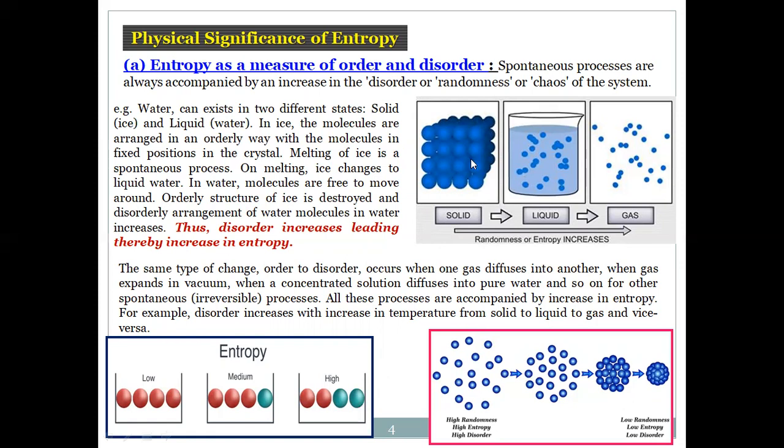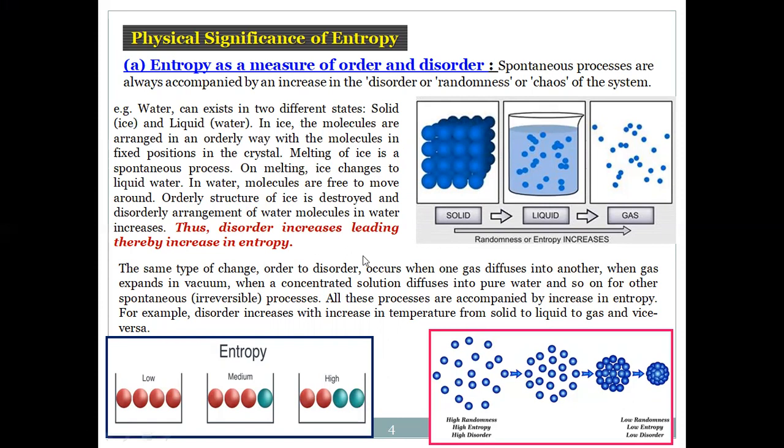Solids or crystals have the lowest entropy, whereas liquids and gases have the highest entropy. For any system, the higher the order or arrangement, the lower the entropy, and the higher the disorder, the higher the entropy.